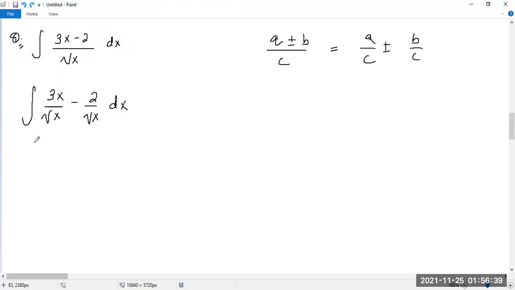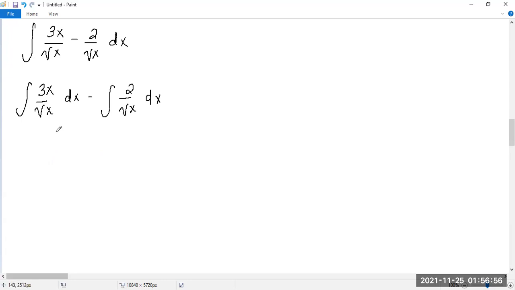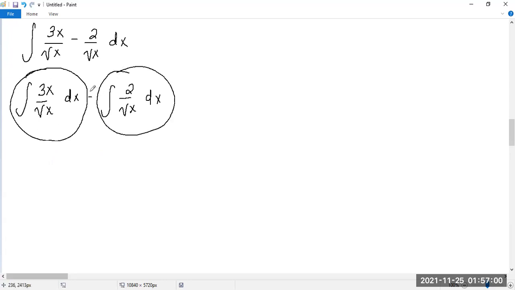So we'll take the integral of 3x over under root x minus the integral of 2 over under root x dx. We want to solve each individually, and then combine them at the end with subtraction.